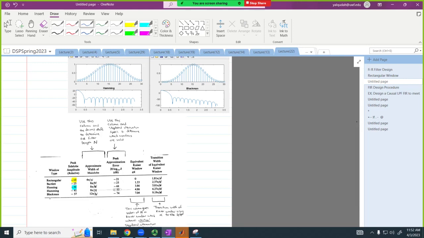So apparently we can use a Hanning, you can use a Blackman. So we're going to use a Hanning, which gives us negative 53 dB.